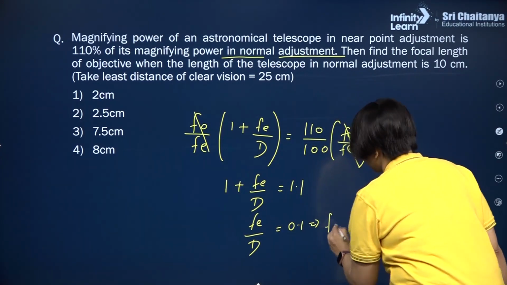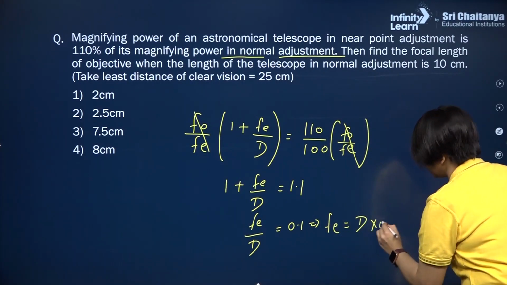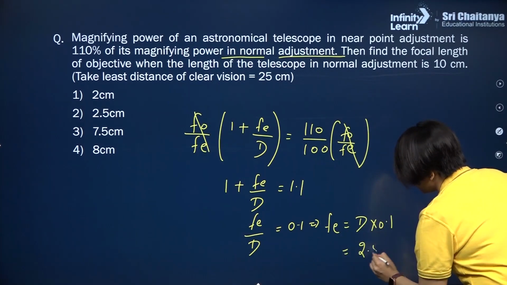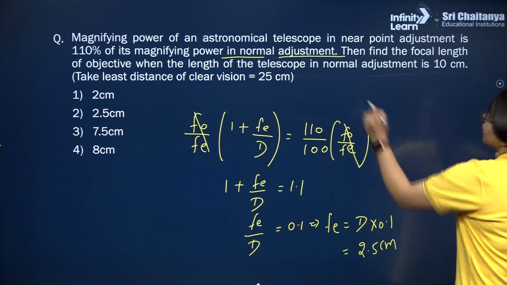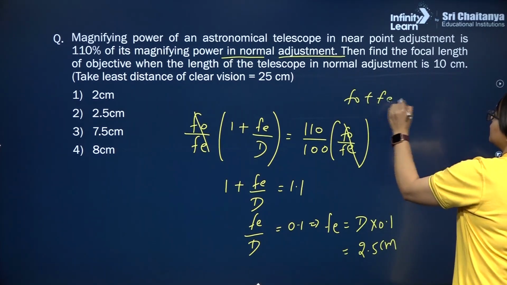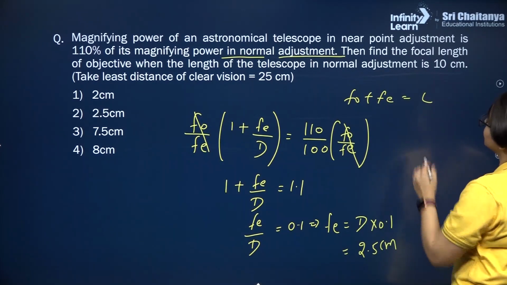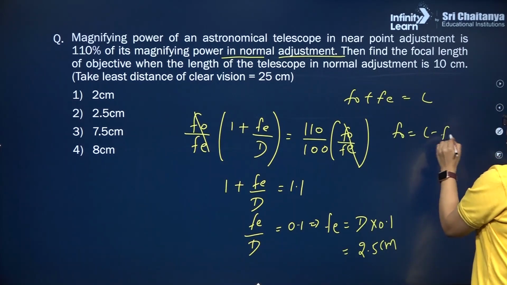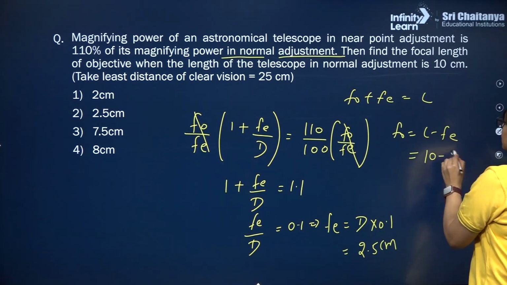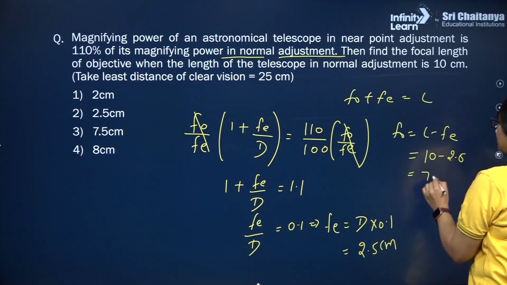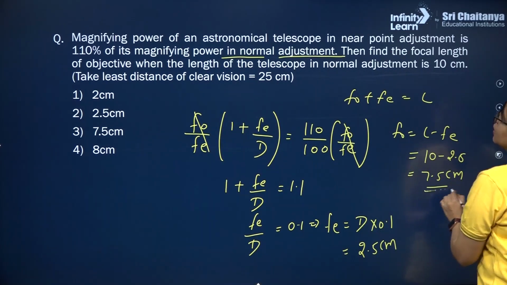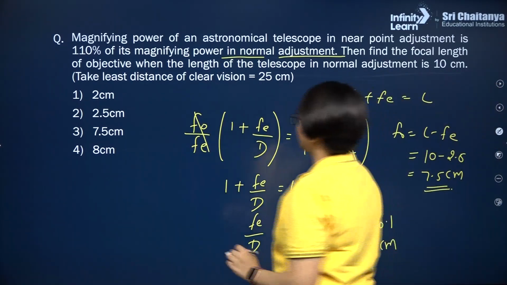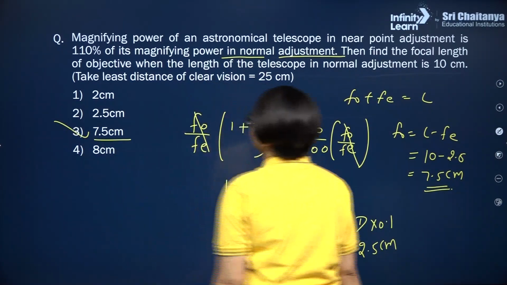So, over here FE is D into 0.1, which is 2.5 centimeter. Now, FO plus FE is equal to L, right, L is 10 centimeter. So, over here FO will be L minus FE, which is 10 minus 2.5, that is 7.5 centimeter, right. So, over here correct answer is option 3.